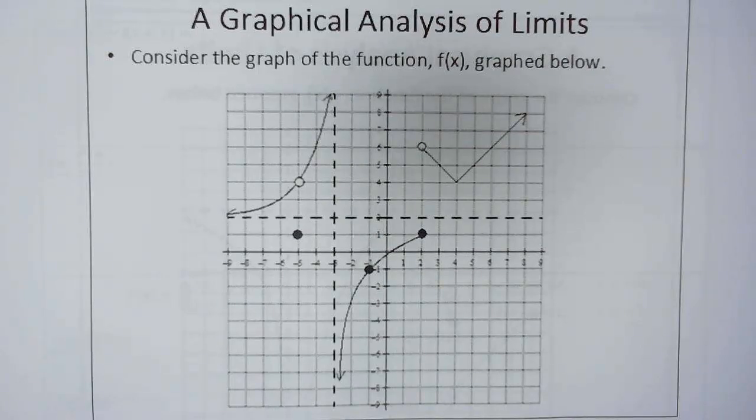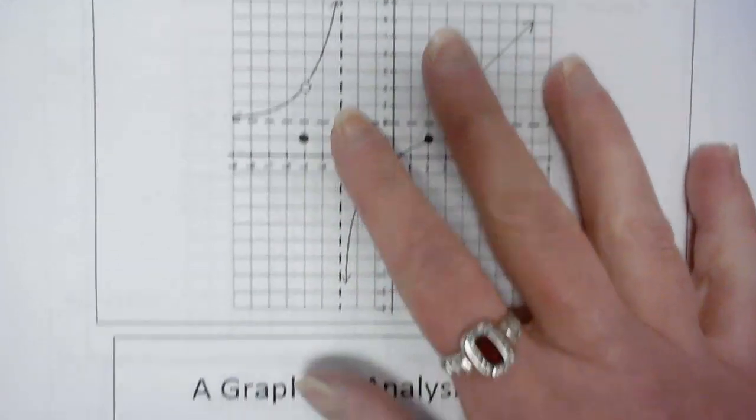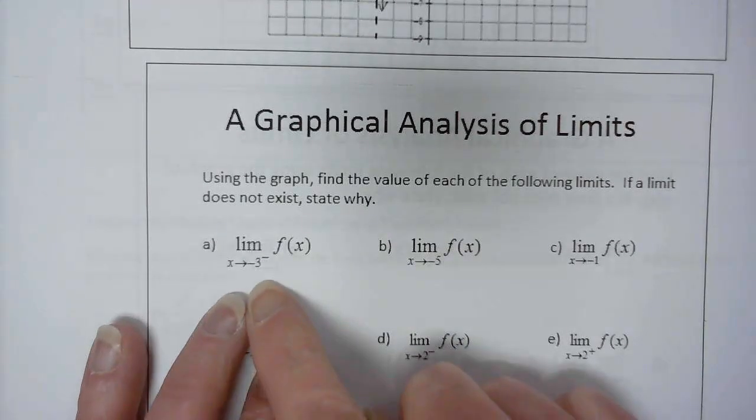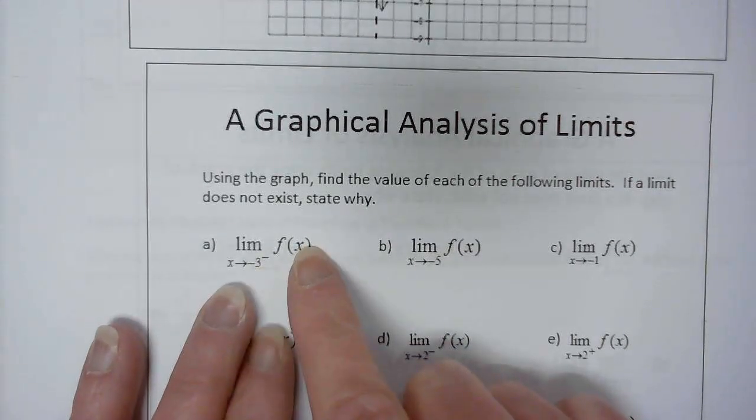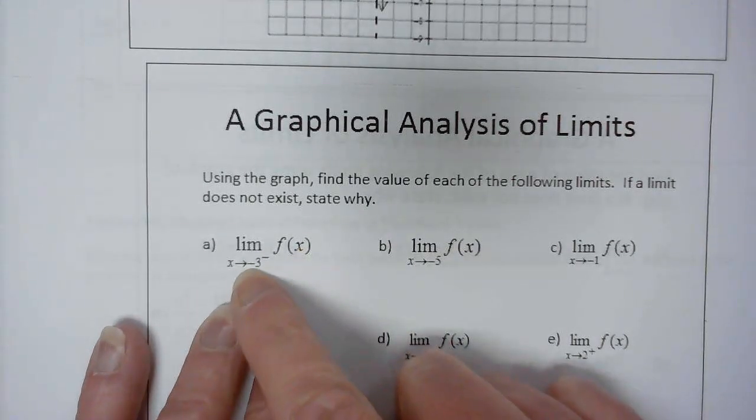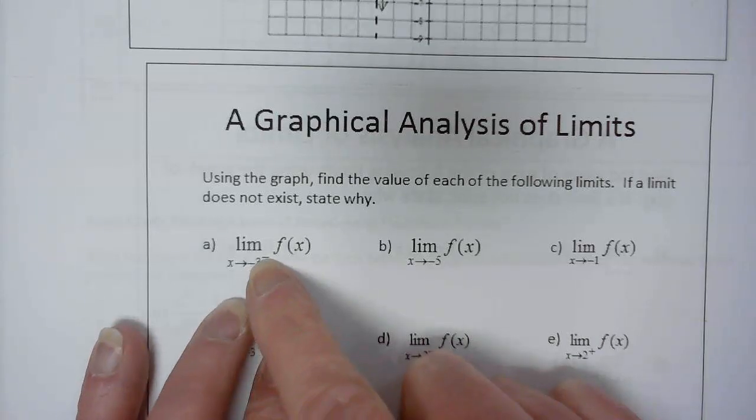Okay, so we've been talking about limits. A limit is the y value that the function approaches depending on a certain x value. So we're looking at this graph, and the first one we have is we're trying to find the y value as x approaches -3 from the left side.